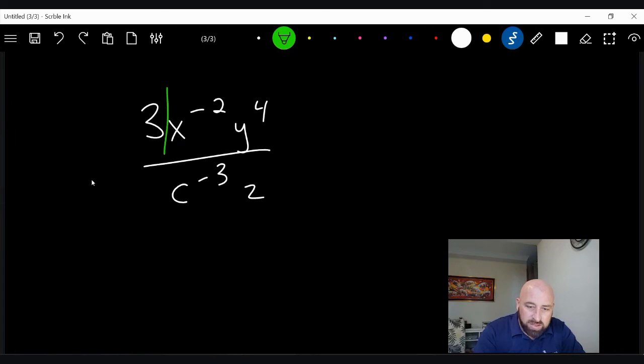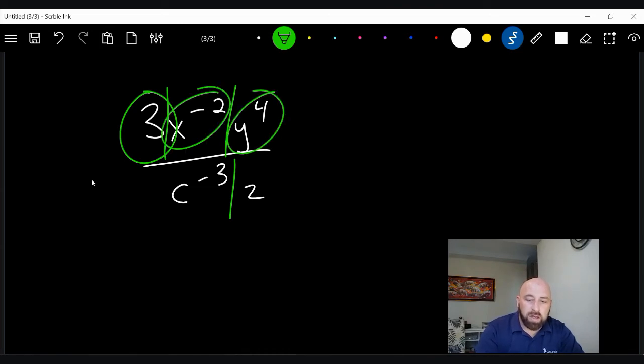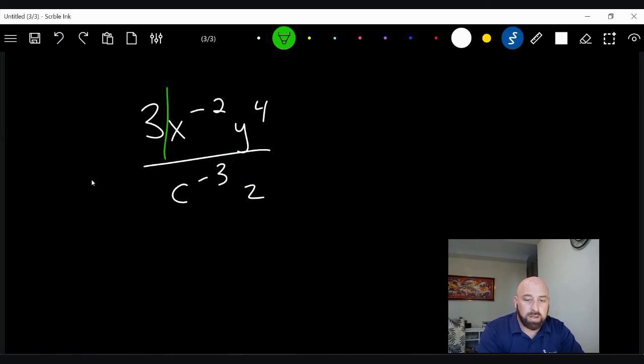Now notice, these are like separate things right here. The 3 is separate, the x to the negative 2 is separate, the y to the 4th is separate, the c to the negative 3 is separate, and the z is separate. Those are all separate terms. So let's take it piece by piece.